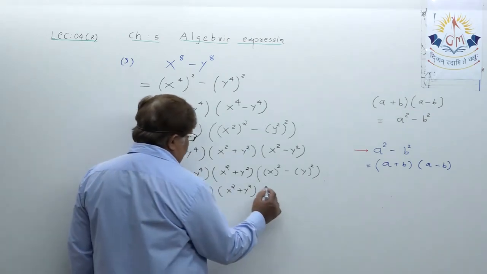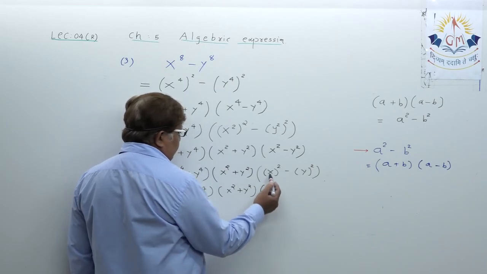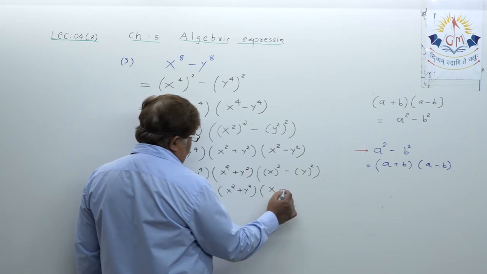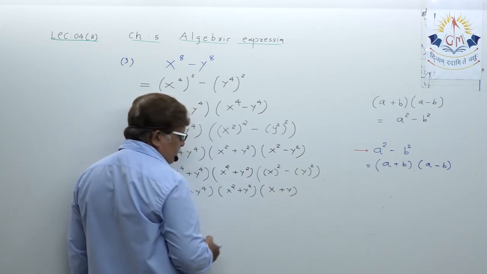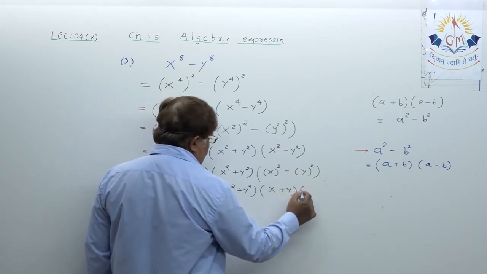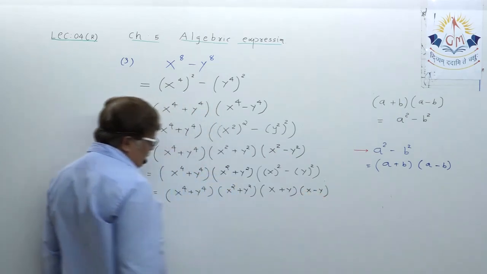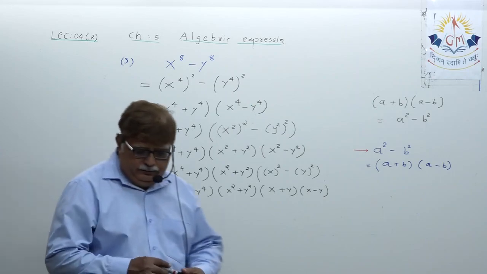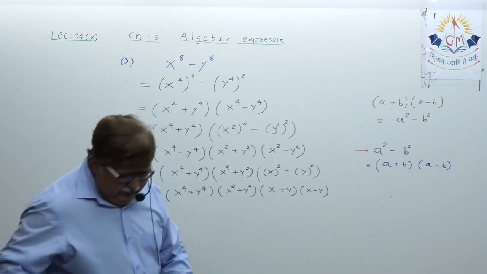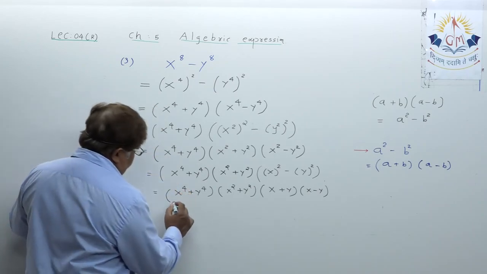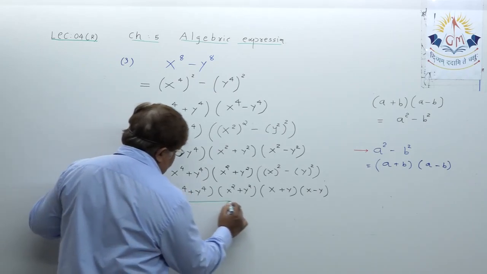So what should I write? A means x, b means y. A plus b, a minus b. This is your final answer. Please verify the answer. Understood? This is your final answer.